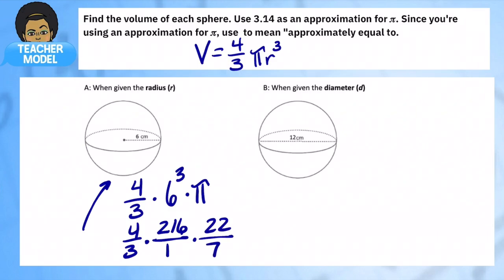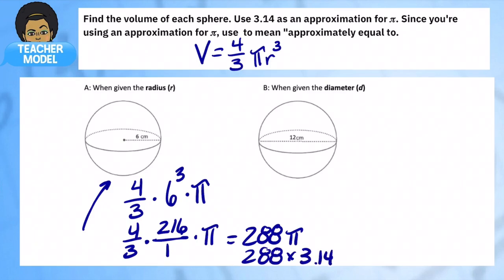What some kids actually do is they'll do this work first: they'll simplify 4 times 216 divided by 3, get 288 pi, and then do 288 times 3.14. That's absolutely fine. A lot of kids wait until the end.